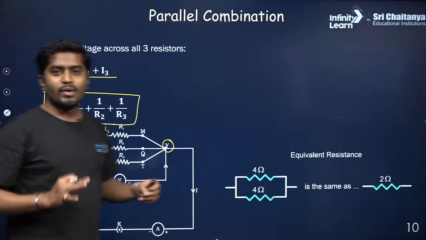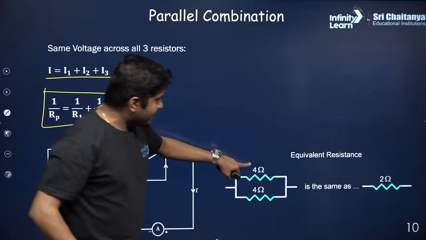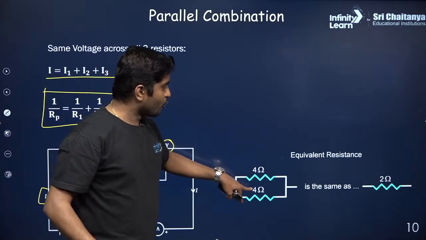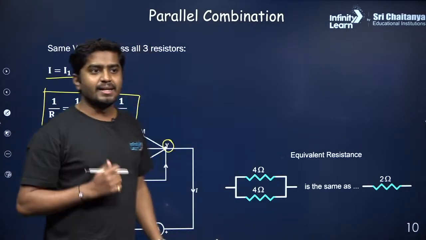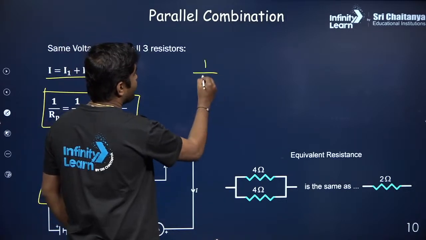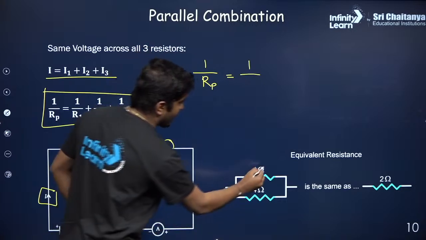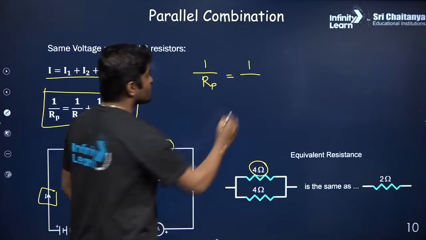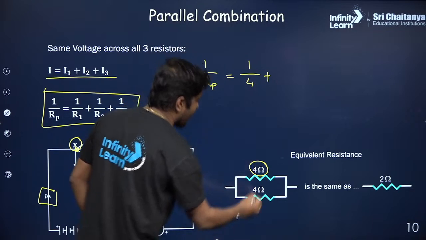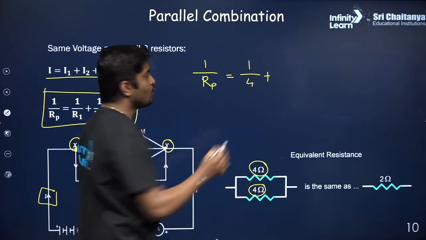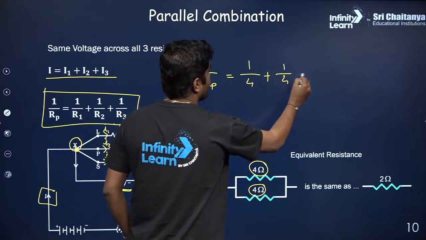I'll give you one example here. These two resistances, 4 ohm and 4 ohm, are arranged in parallel. So 1 by Rp should be equal to 1 by R1. One of them is R1, so 1 by 4, plus another is R2, so it is again 1 by 4.